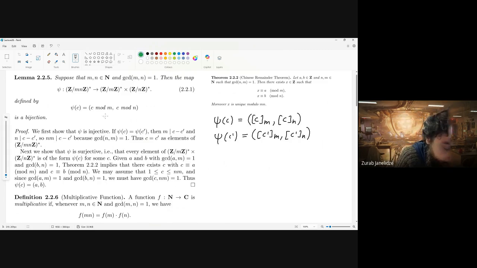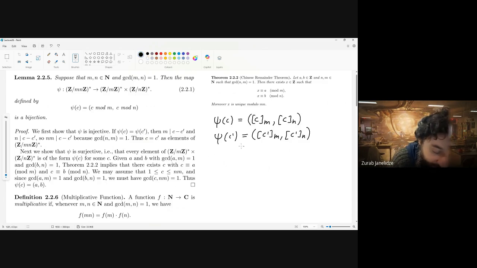Recall that the values of psi, as you can see from this diagram, live inside this Cartesian product, and elements of a Cartesian product are ordered pairs of an element in here and an element in there. And also recall that the elements that go in these star versions of modular numbers are those that are coprime to m and n respectively.